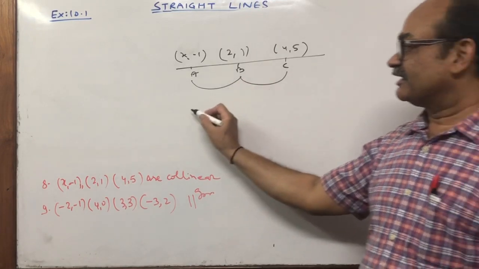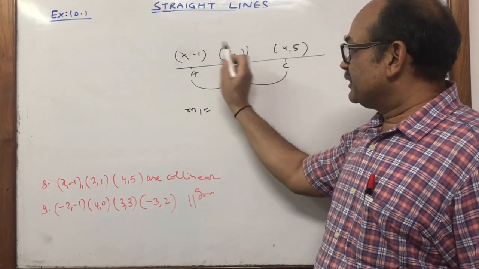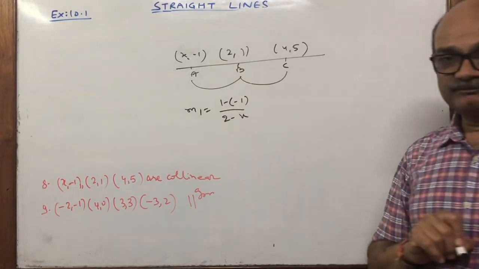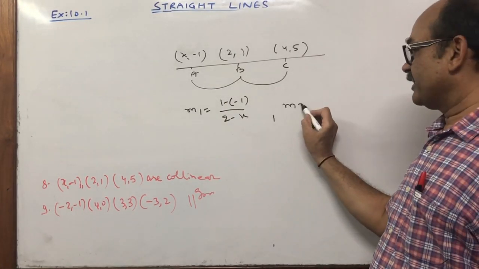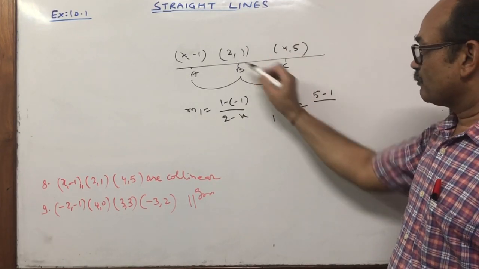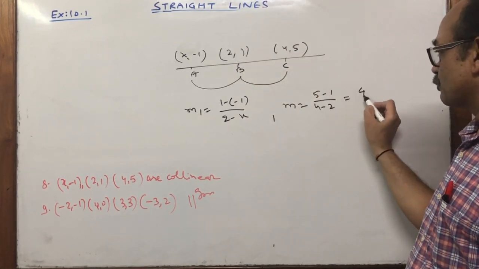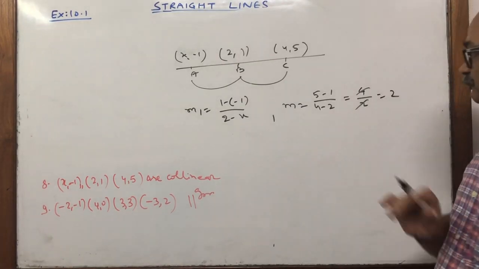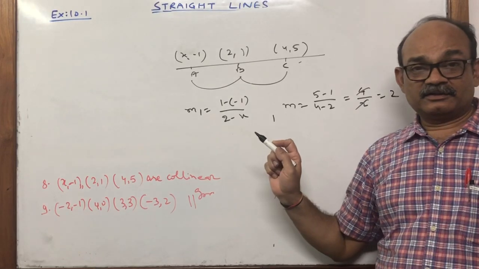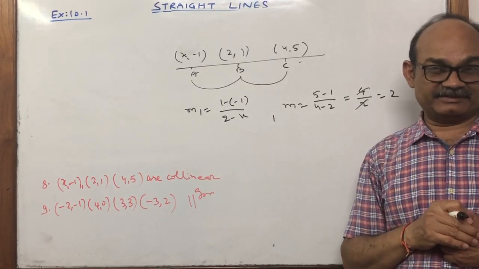So first we get the slope M1: this minus this, 2 minus x, M1. And slope M2, 5 minus 1, 4 minus 2, that is 4 by 2, only 2. Slopes are equal, then only these 3 points are collinear.